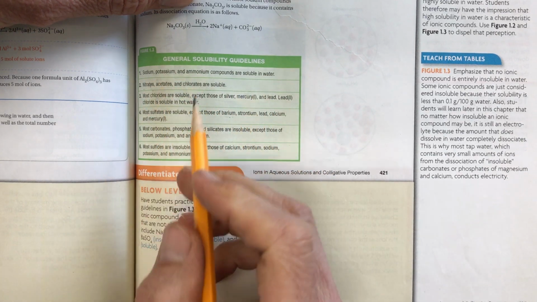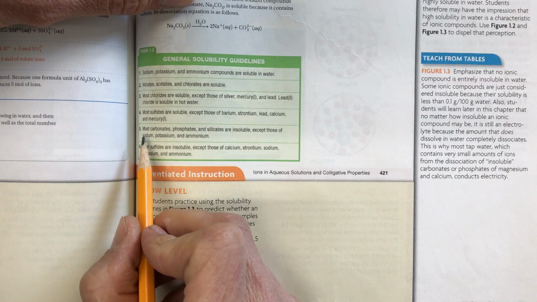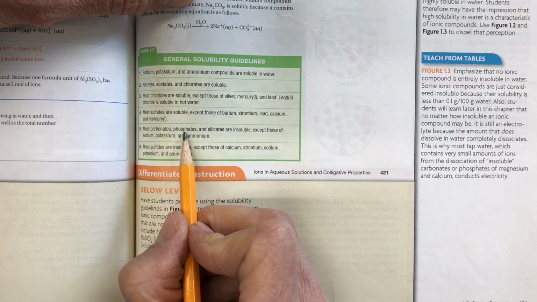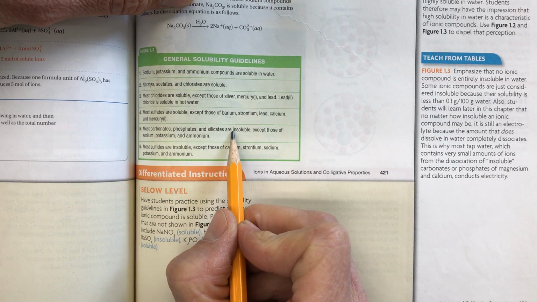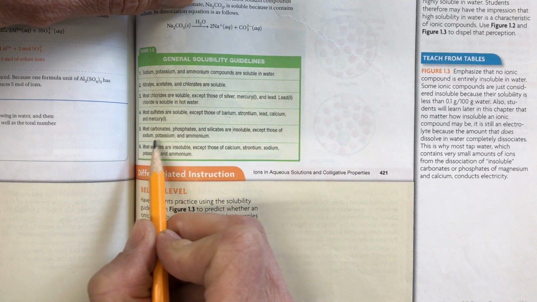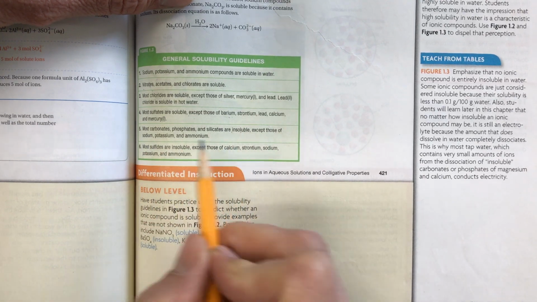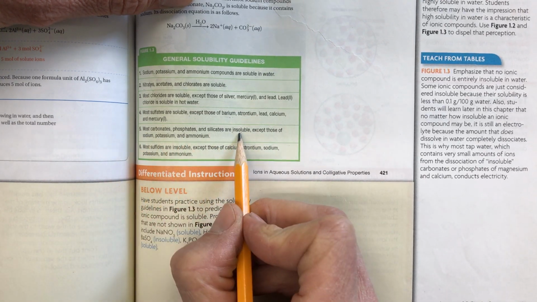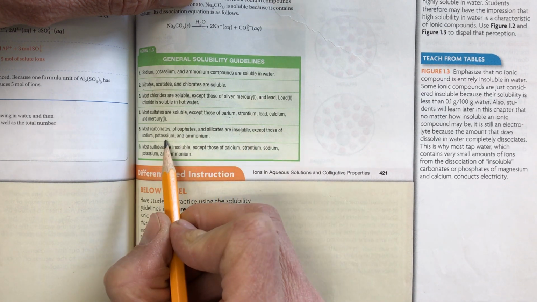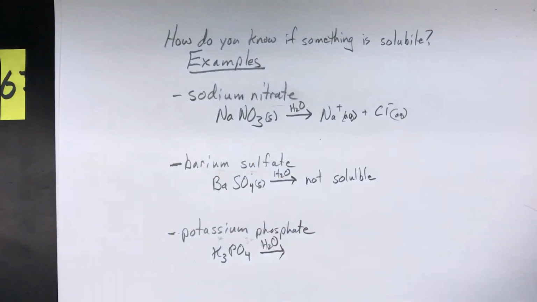And let's say I didn't know if potassium was on the list. Let's check and see further. Most carbonates, phosphates. Phosphates are soluble. There are some exceptions, except those of sodium, potassium. Most phosphates are insoluble, except potassium. Oh, so there's our exception. So this one is soluble.